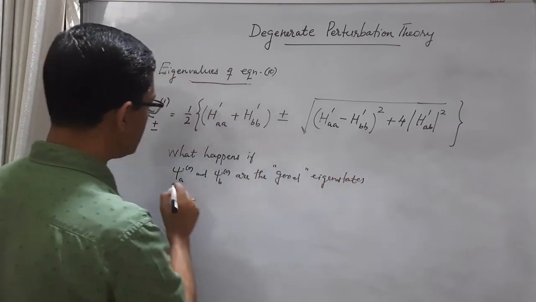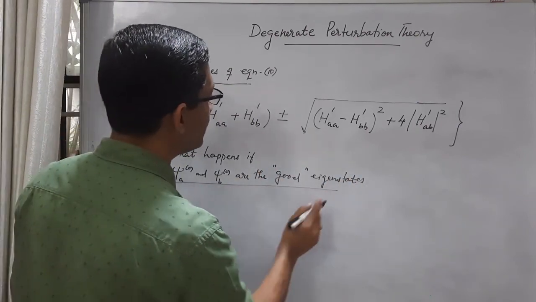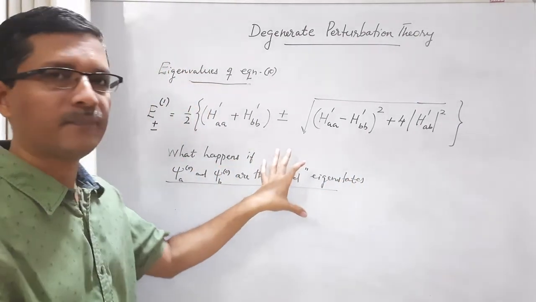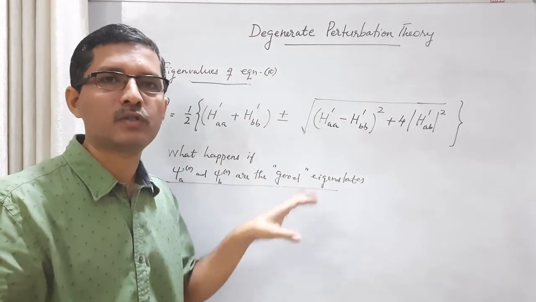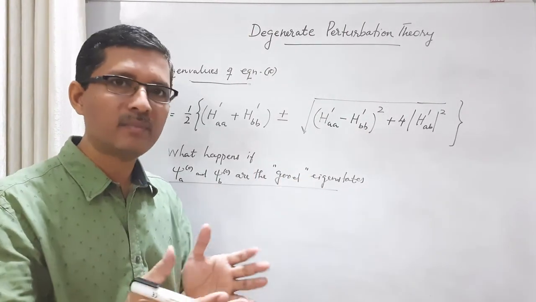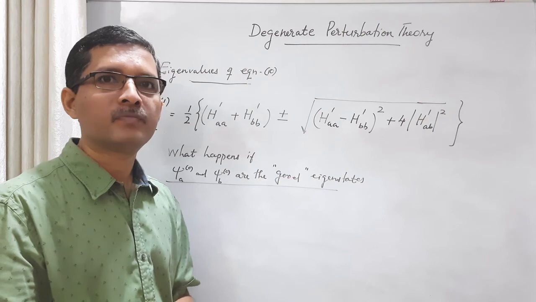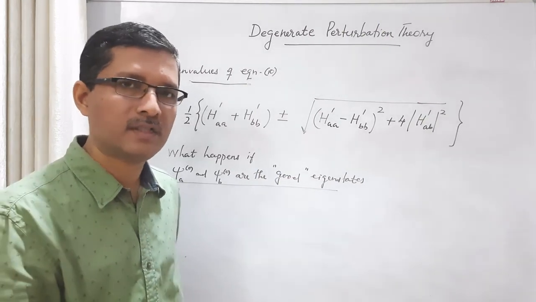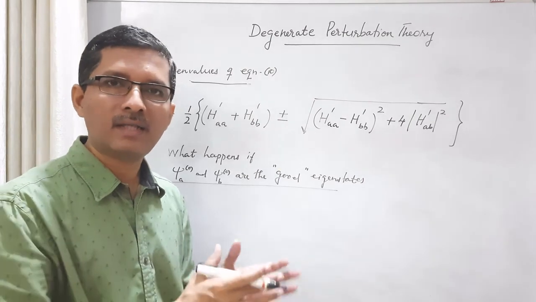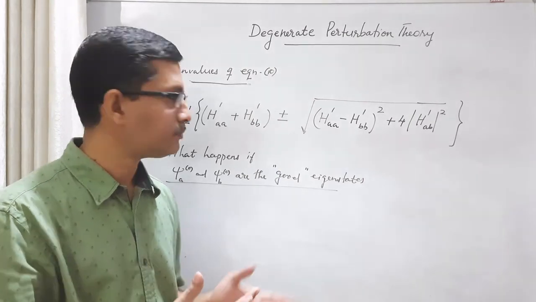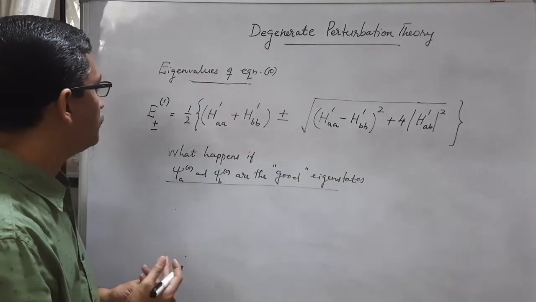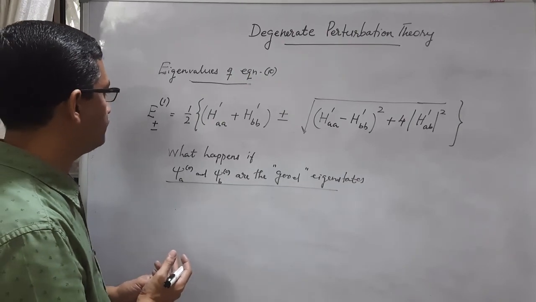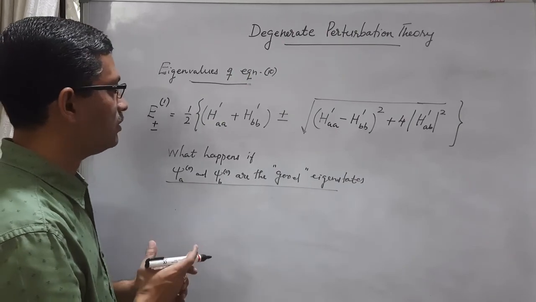Good means that in this basis the perturbing Hamiltonian will be diagonal, and the diagonal elements will be the first order correction in energy. You know that when an operator matrix is diagonal, the diagonal elements are the eigenvalues.